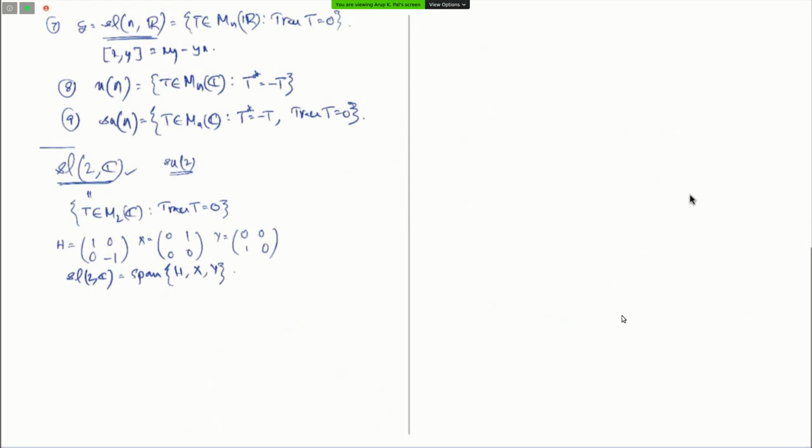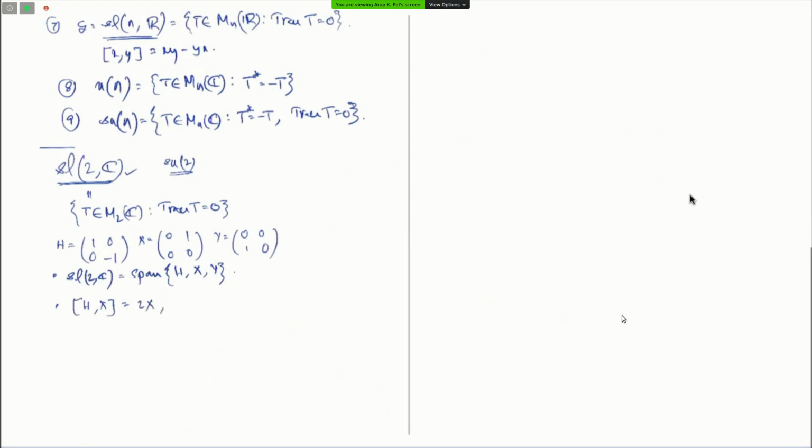And another thing that you can easily verify is that the product here is the commutator, right? In this Lie algebra, because if you take the matrix product, you will get out of this space SL2C. So what is this commutator?